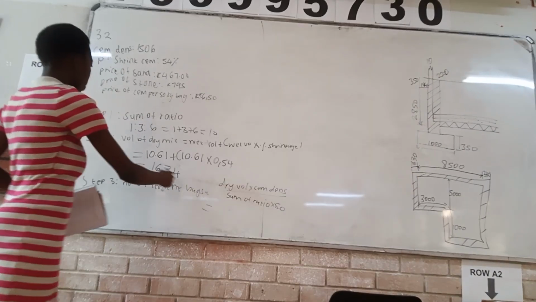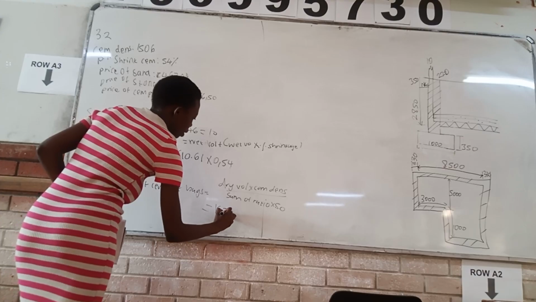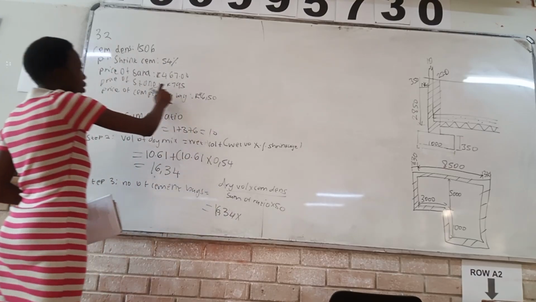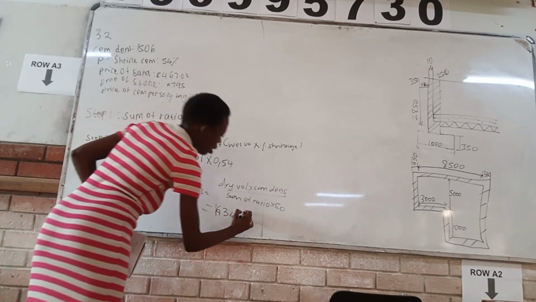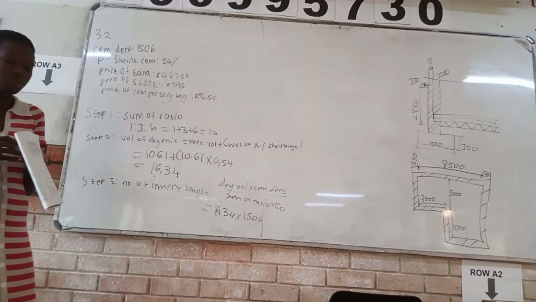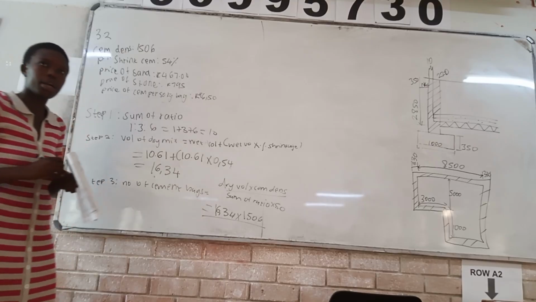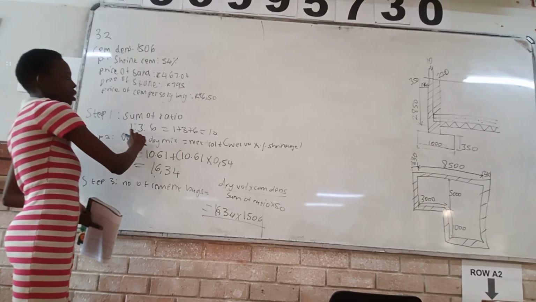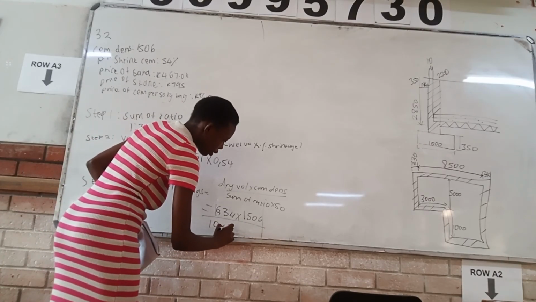So the dry volume calculated in step 2 is 16,34, multiplied by cement density. They gave it to us in our data, 1506. If a question gives a cement density, you need to use 1506. Then all divided by sum of ratio, 1 plus 3 plus 6, we have 10, and then we multiply by 50.